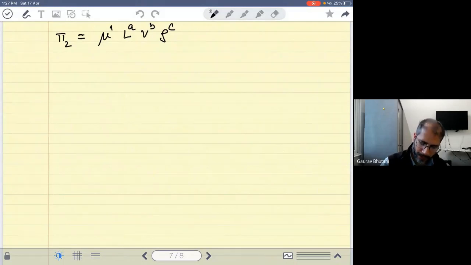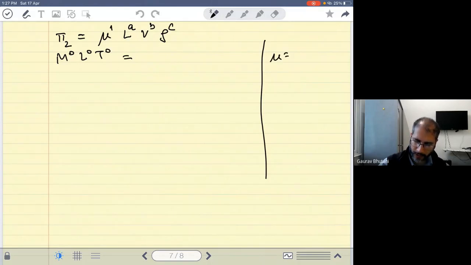Okay, very similar exercise. Now the dimensions for mu. So mu is written as the ratio of the shear stress to d theta by dt. So that is 1 by time. And shear stress is nothing but force per unit area. That's a stress.